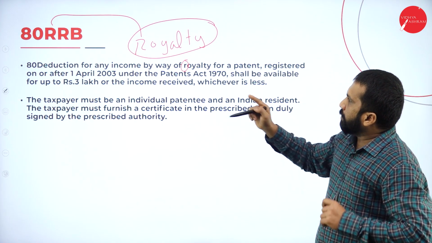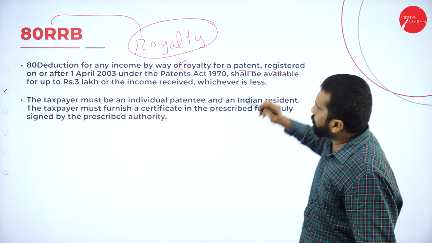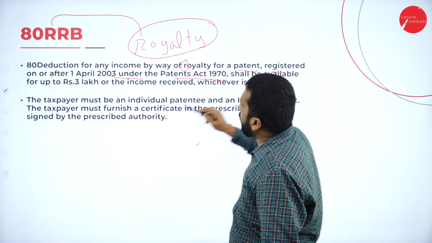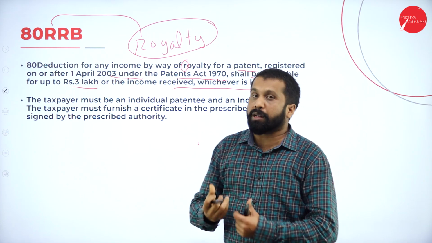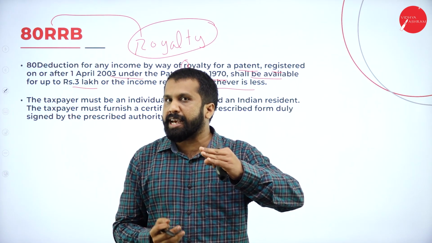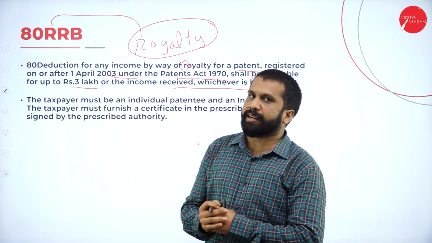Deduction of any income by way of royalty for a patent registered under the Patent Act shall be available up to 3 lakh or the income received, whichever is less. Whatever royalty amount you received, up to 3 lakh or whatever received, whichever is less, can be taken as your deduction.